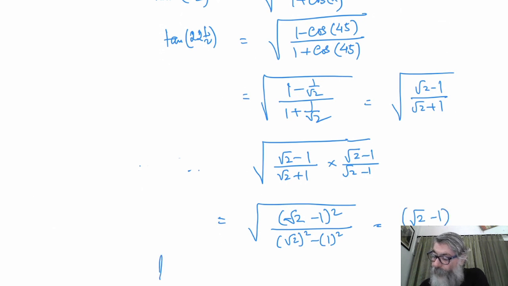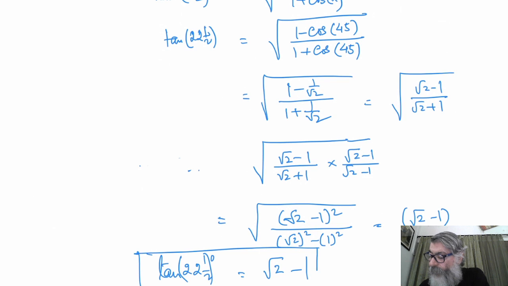So the value of tan 22.5 degree will come out to be root 2 minus 1. This is the value which is important for you.